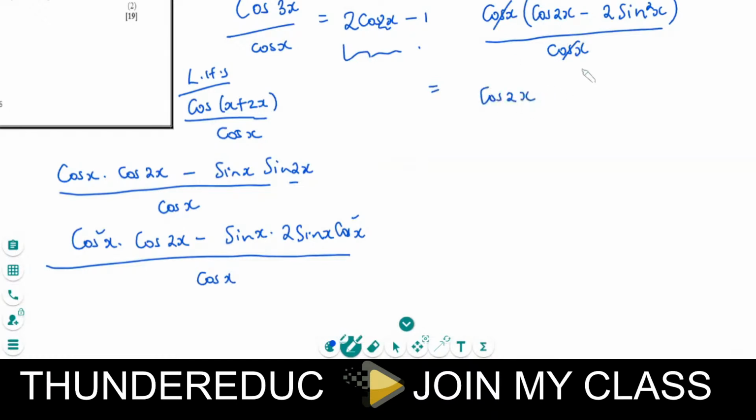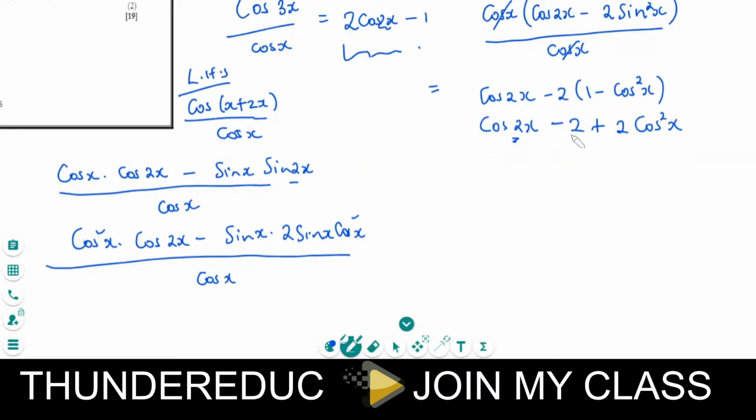cos 2x minus 2 sine squared x. So I need to change the sine squared x into an element of cos as a function, of course. So that's going to be minus 2 into 1 minus cos squared x. Then when I open this up, I'll have cos 2x minus 2 plus 2 cos squared x. So I have the cos 2x here, but this is cos squared x. But from the different representations of the double angle of cos, we said we have a number of ways of expressing it.